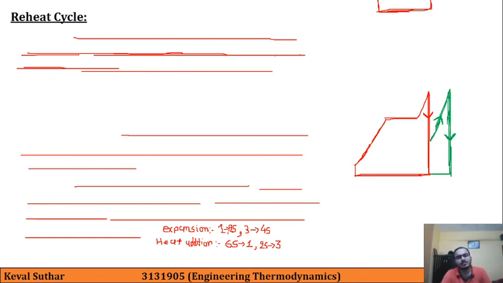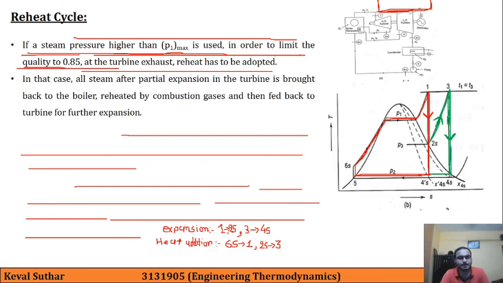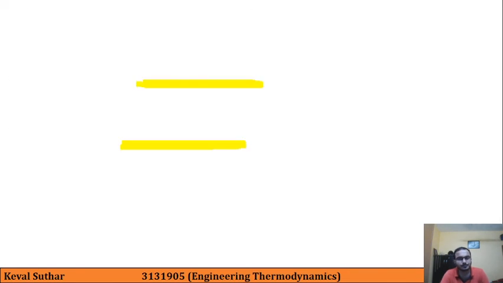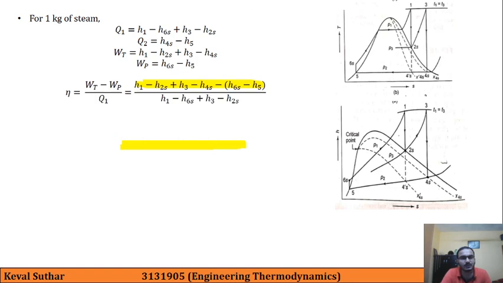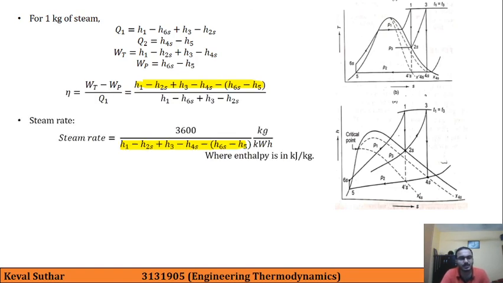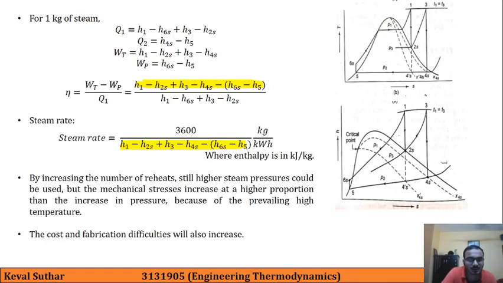The next theory was reheat cycle, in which we are having two separate turbines for expansion and we are sending the steam in between into the reheater. We obtained the value of efficiency and steam rate in this case, and here also we understood that we cannot increase the number of reheats as per our wish, because there are some limitations because of the mechanical stresses and fabrication difficulties with cost.